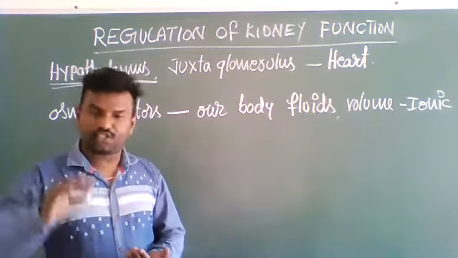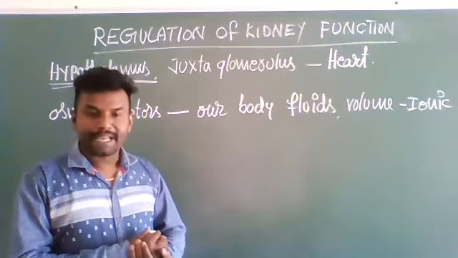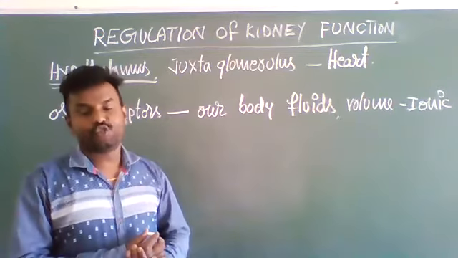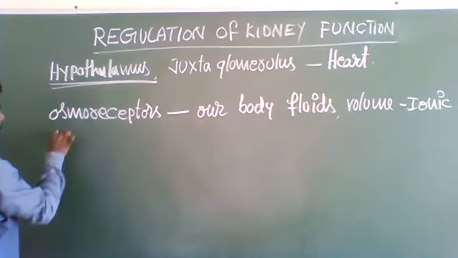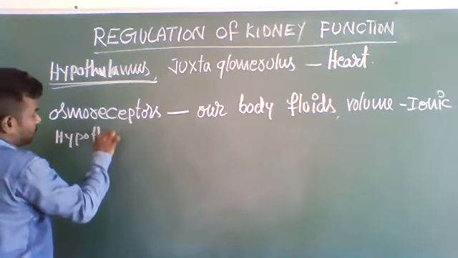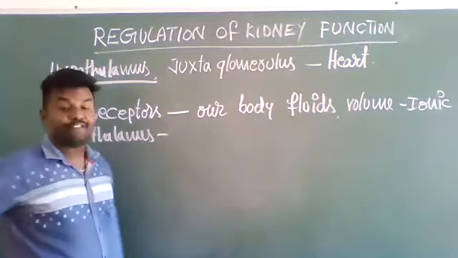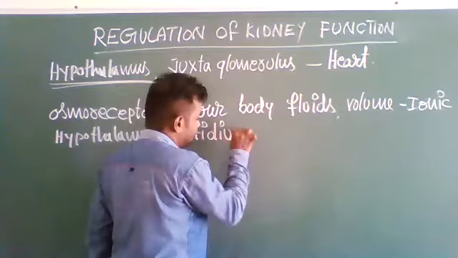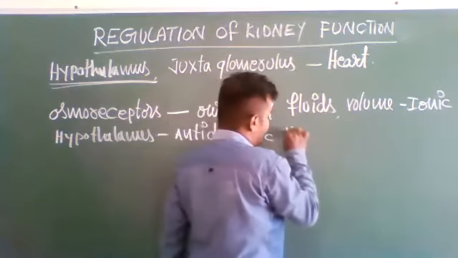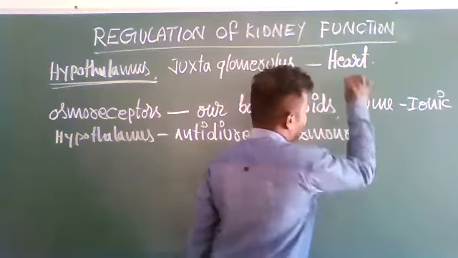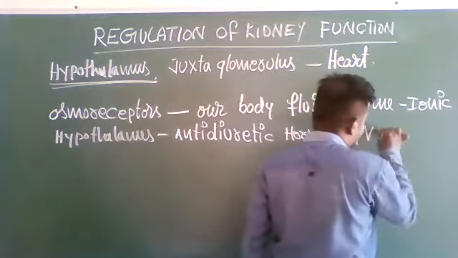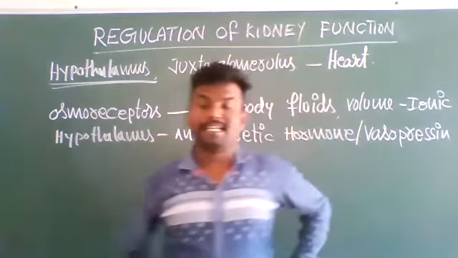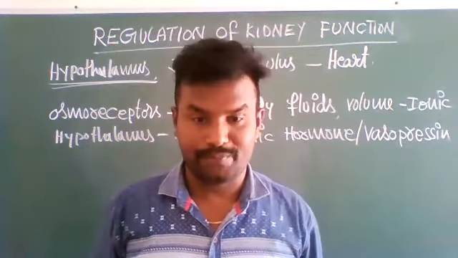Osmoreceptors are activated and stimulate the hypothalamus to release a hormone called antidiuretic hormone, also called vasopressin hormone.